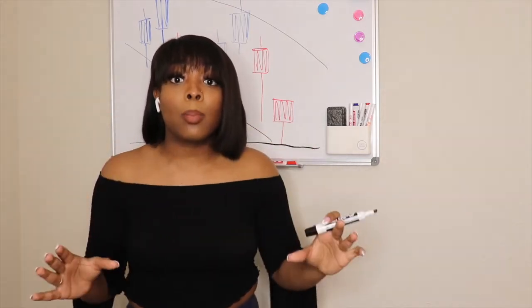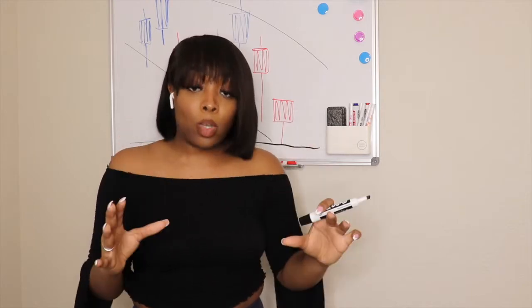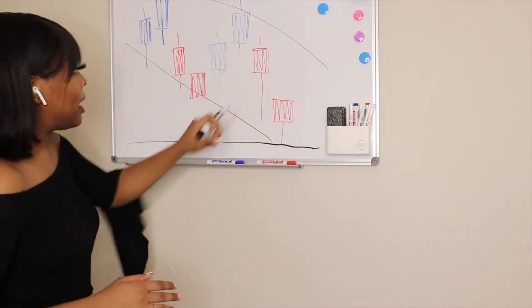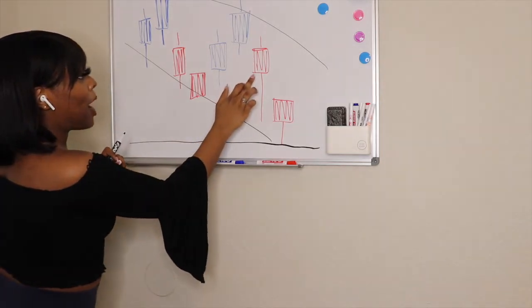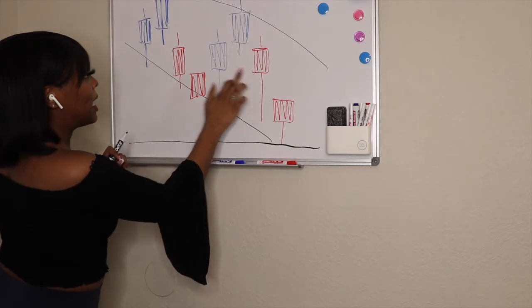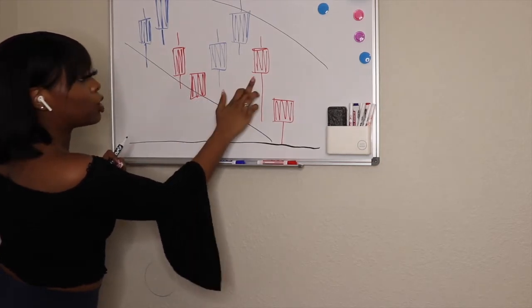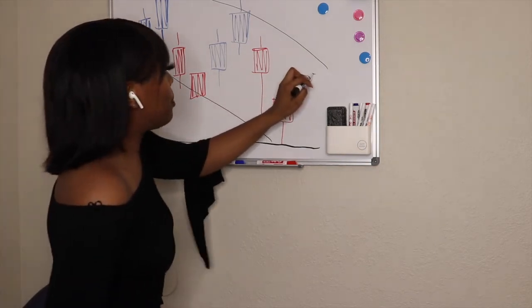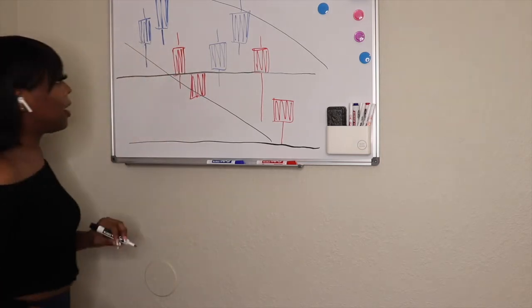So I may have 2 support lines and 1 resistance, or I may have 2 resistance and 1 support. Let me show you. I always make sure that the bottom half of my candle is almost close to this candle. You see that? That's almost a twin. It's a twin to me, so I'm going to put my resistance line right here.